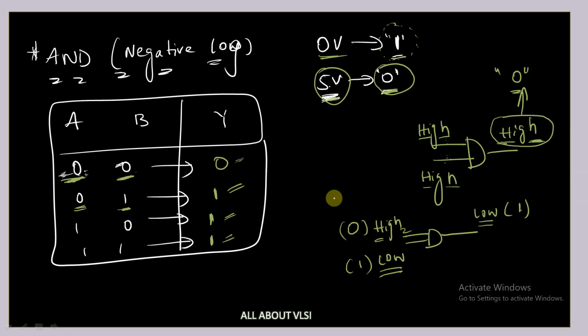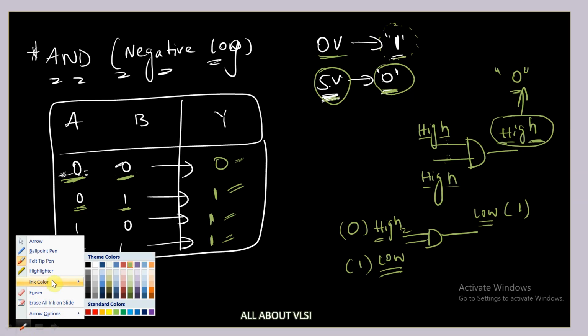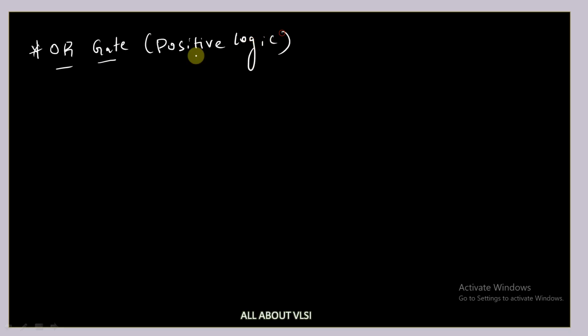This is the truth table for your OR gate in the positive logic. Let me write down the truth table for your OR gate in the positive logic and show you. I'm writing this in the positive logic. What is positive logic here?